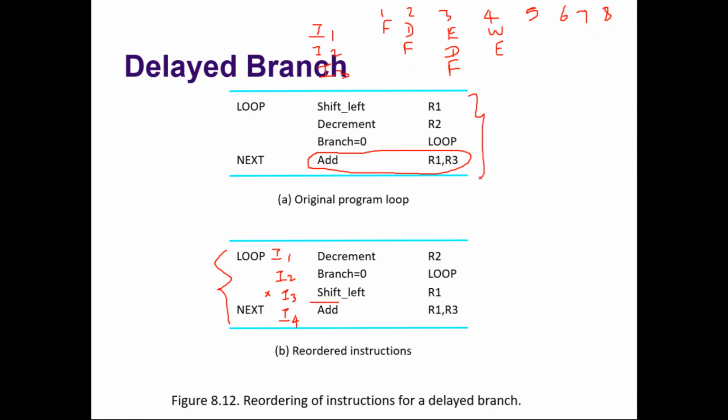That is what this logic says. We have just reordered the code without compromising the logic. So the logic should not be compromised. So we allow the third instruction to execute. So fetch, decode, execute, write. That will happen. The shift will execute as it is. Instruction 4 is what?